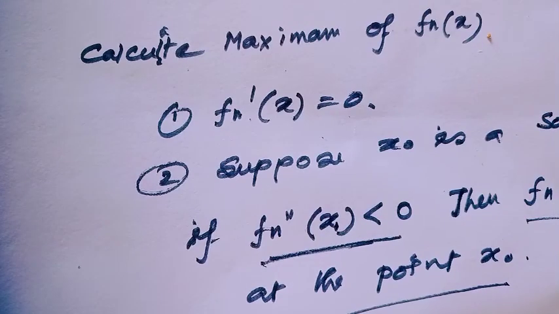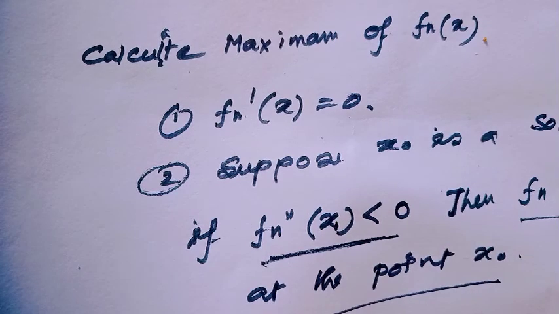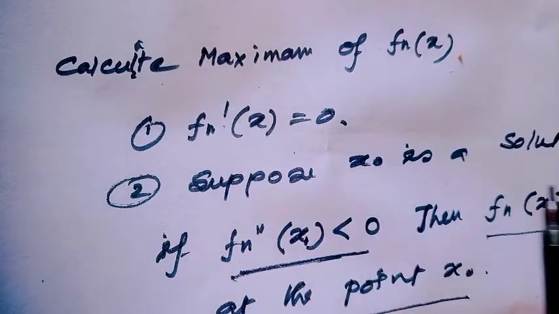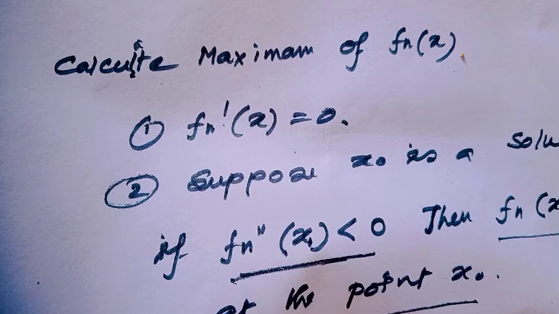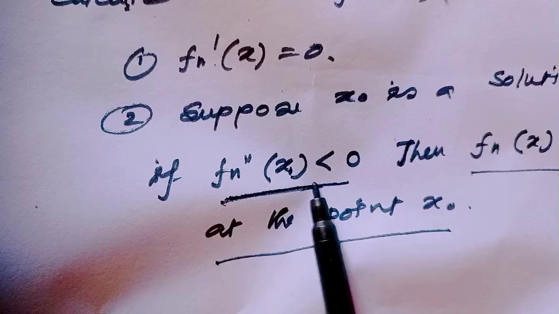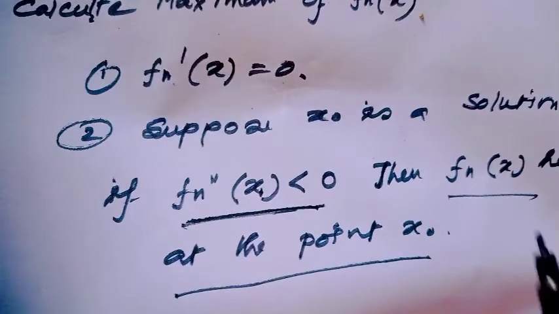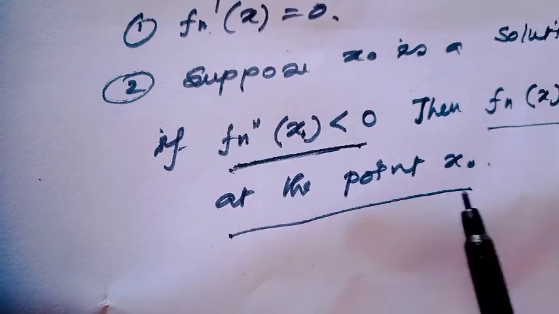To find the maximum of f_n(x), at first we have to find f_n'(x) equal to 0. Suppose x0 is a solution of this equation; then if f_n''(x0) is less than 0, the function f_n(x) has a maximum at the point x0.